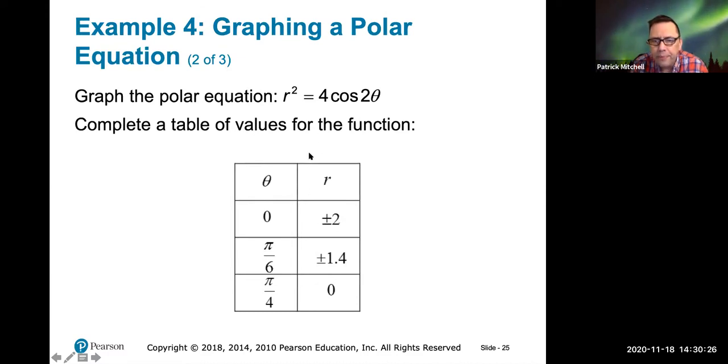And then replacing theta with pi over 6, the cosine of pi over 3 is 1/2. 4 times 1/2 is 2, so r squared is 2, which means r is plus or minus square root of 2, about plus or minus 1.4. And if you replace theta with pi over 4, you get 4 times cosine of pi over 2, which is 0.